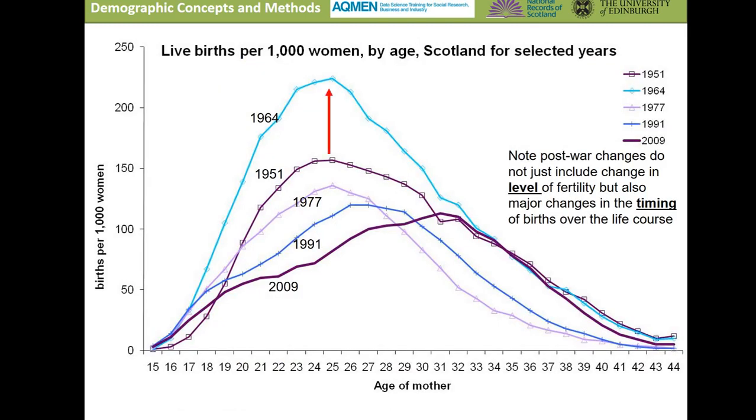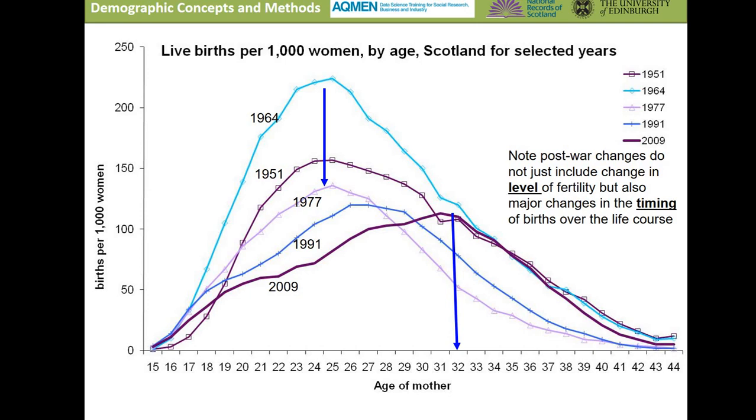From 1951 to 1964, we see an increase in fertility with the same peak in our fertility schedule around the age of 25. Then from 1964 to 1977, we see the introduction of the pill, and we see a decline in fertility. But then in 2009, we see a further decline in fertility, but we also see a change in the shape of the fertility schedule.